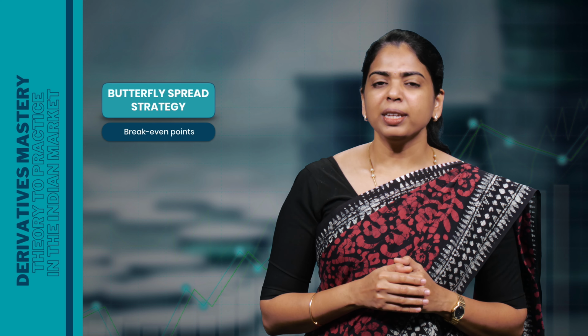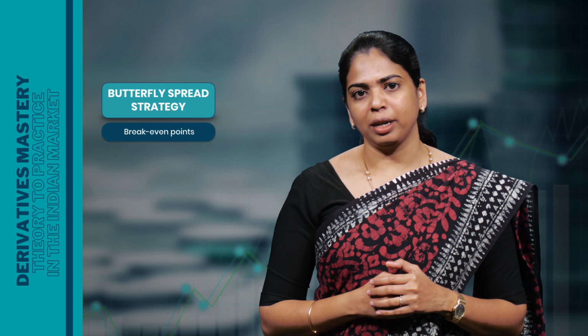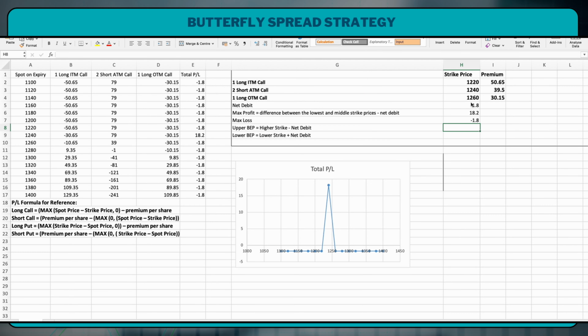Finally, let's talk about the break-even points. These are the points where you neither make money nor lose money. There are two break-even points for a butterfly spread. The first one is the lower break-even point. We calculate it by adding the net debit to the lower strike price. So 1220 plus 1.8 is 1221.8.